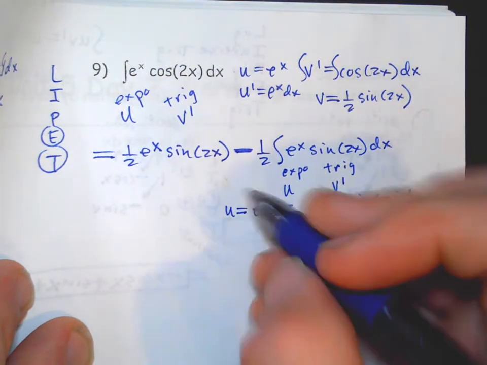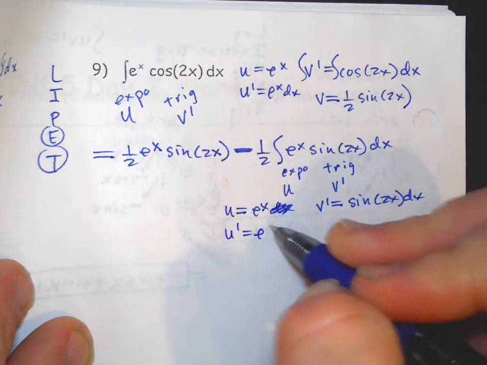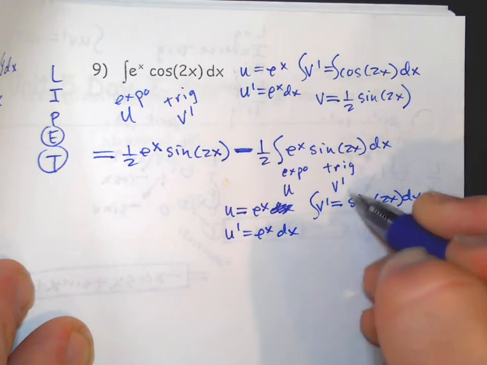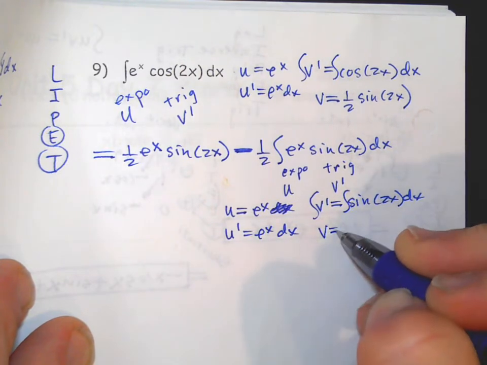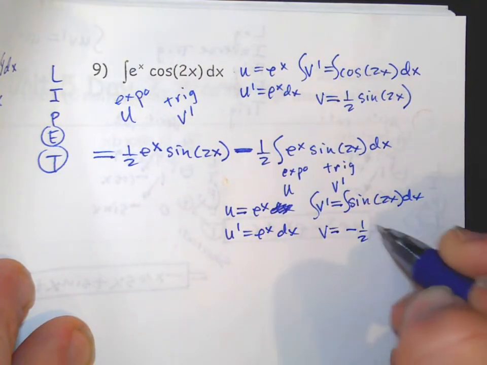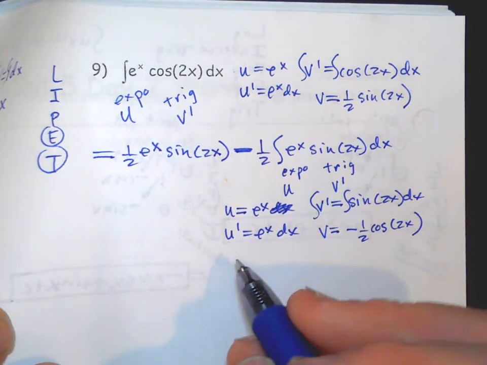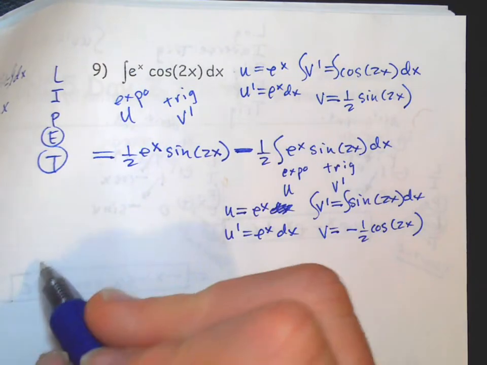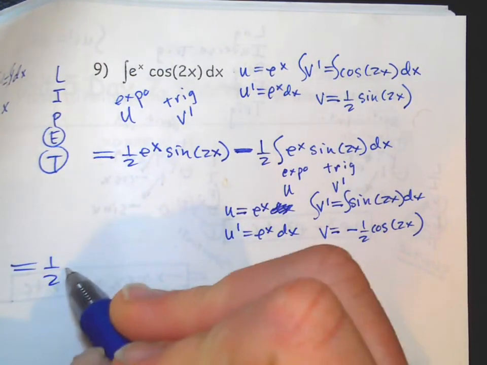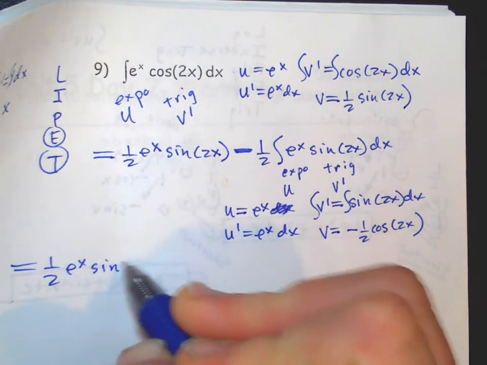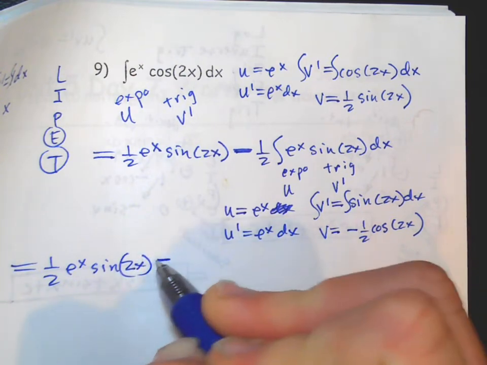All right, cool. Well, let's take the derivative of this. It's going to be e to the x dx. Integrate this, it's going to be negative 1/2 cosine 2x. All right, so let's write down what we have now. We're going to have 1/2 e to the x sine 2x still. And then minus, I'm going to put this all in parentheses.